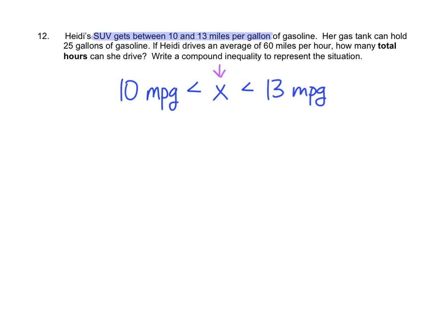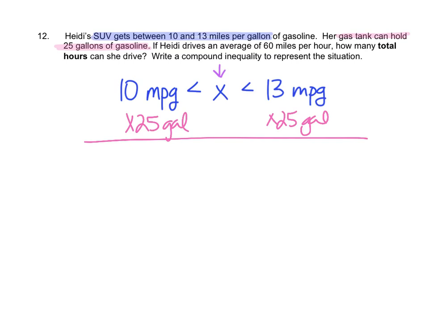The second thing that I see says her gas tank can hold 25 gallons of gas. So if I can go 10 miles per gallon and I have 25 gallons, I'm going to multiply by 25 gallons. That's going to tell me how many miles I can go.